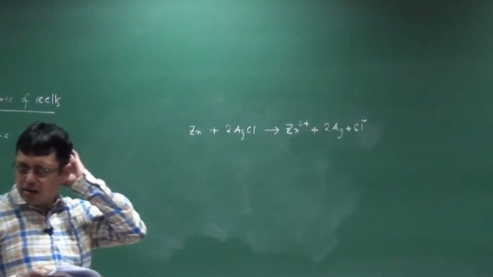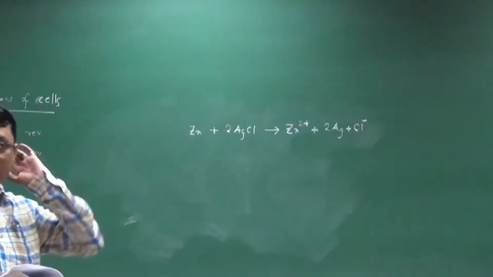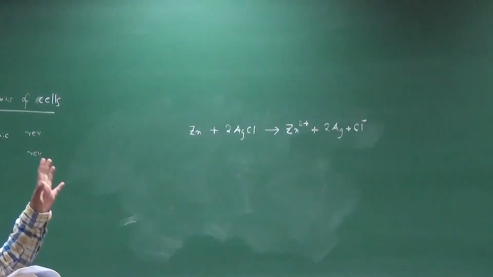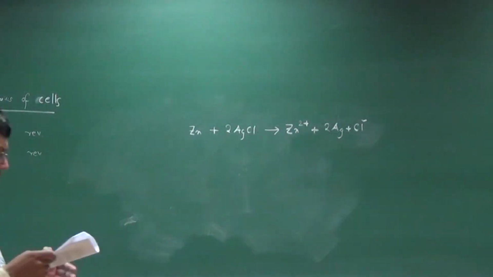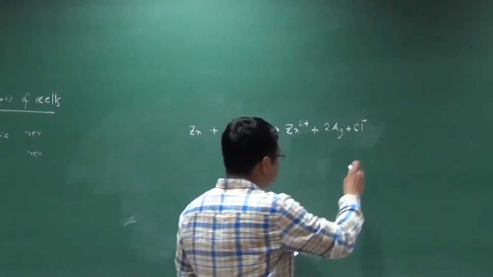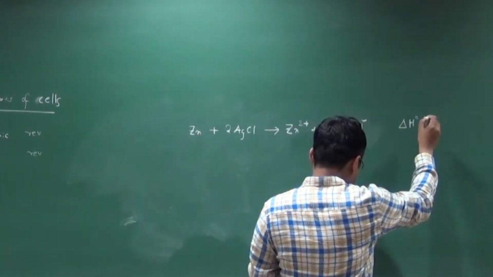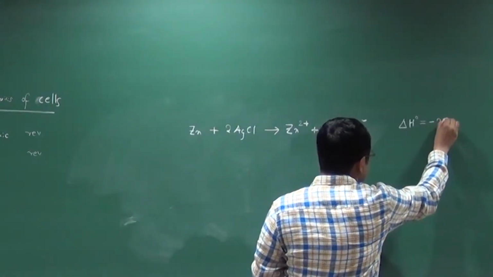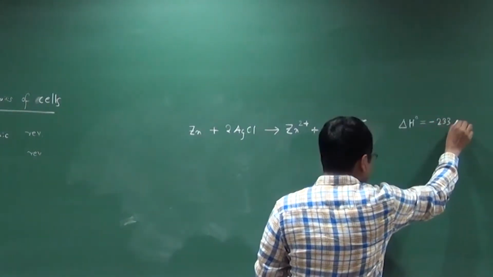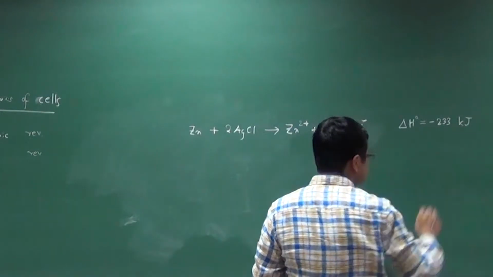So I have zinc and basically a silver chloride electrode, and suppose this is the spontaneous reaction. And I am telling you that if I do it from thermodynamics, I will get something like minus 233 kJ. This is the thermodynamic value.